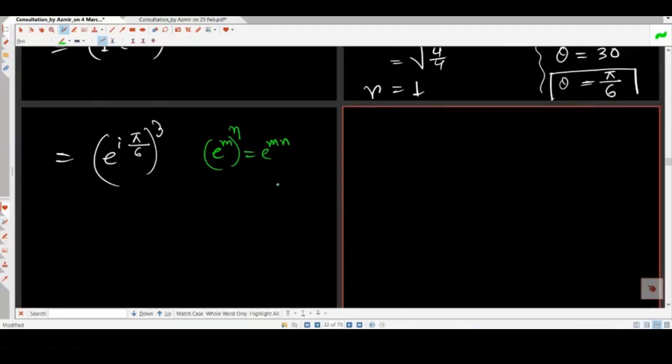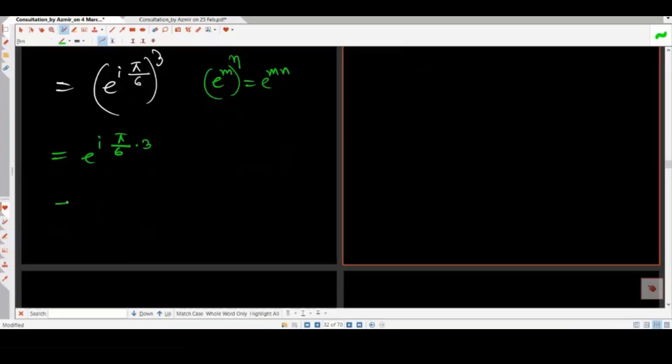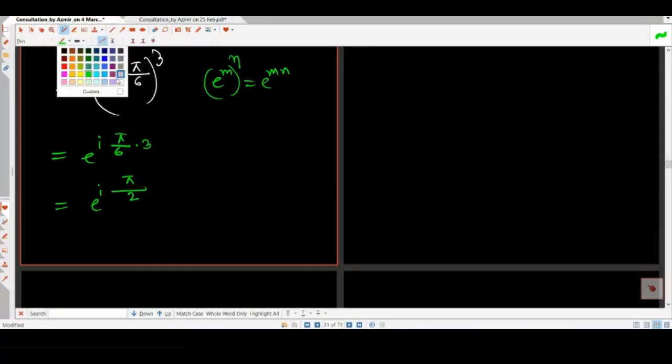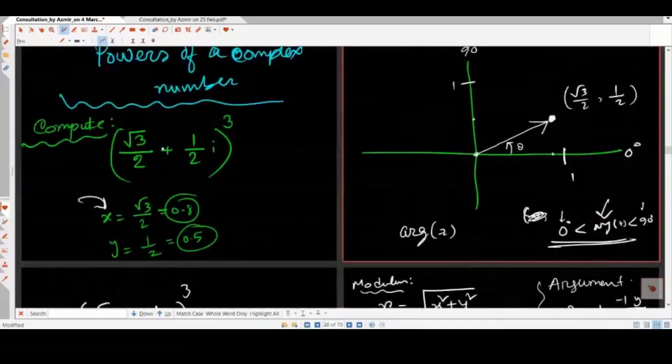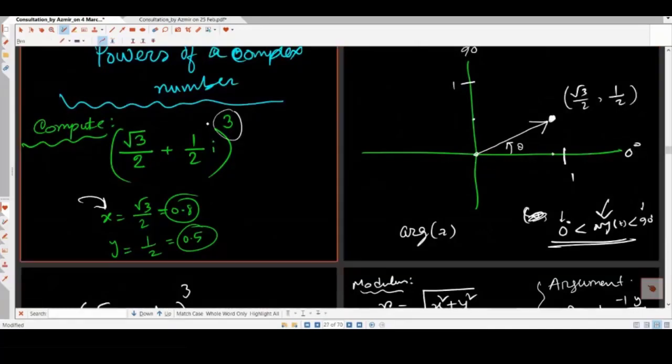So this is very easy. So e power i pi over 6 times 3. Now we can do some simple calculations, that is, it is pi over 2. So it is done. We have found the power of this number, where the power is 3.